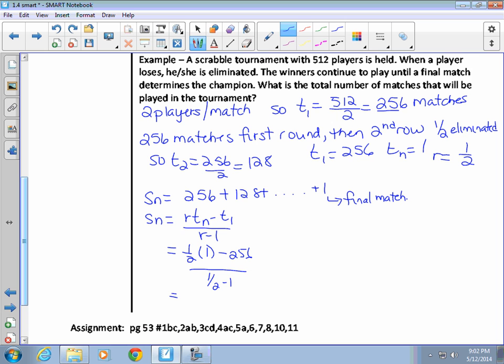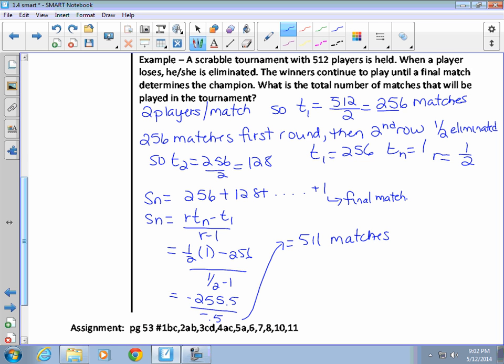So 1/2 minus 256 is negative 255.5, all over negative 0.5. So that equals 511. So there would be 511 matches played all together.